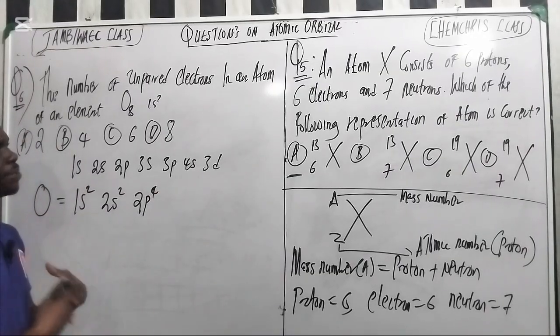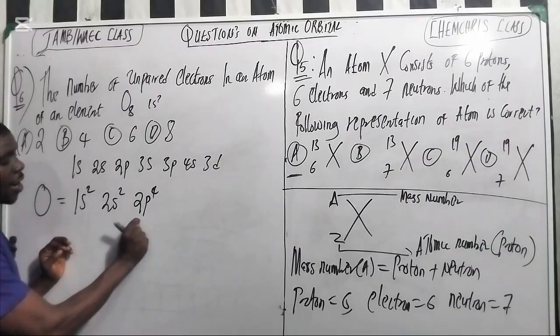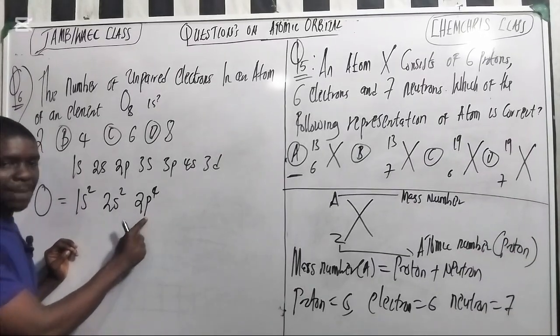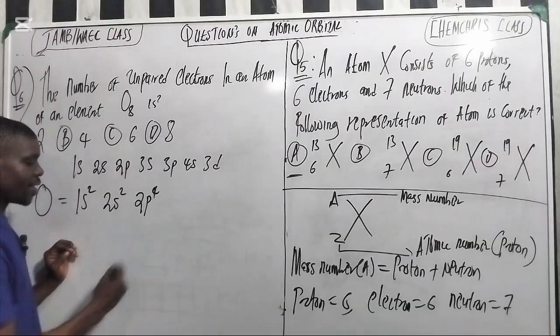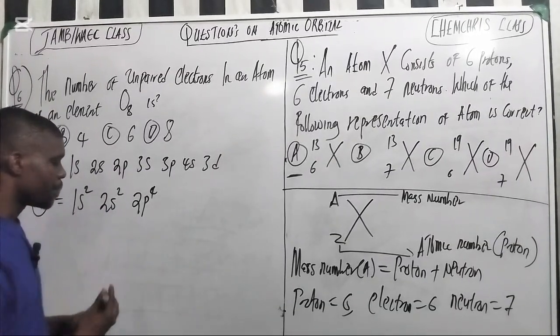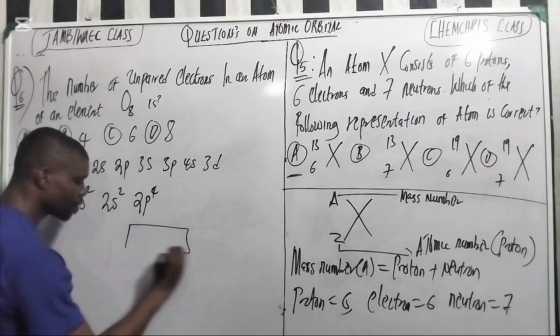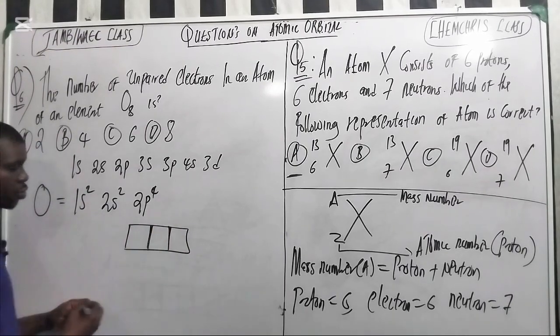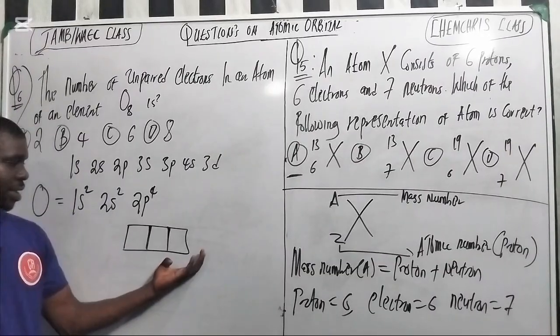Now they are talking about the unpaired electrons. You are going to use the p orbital. Remember, like what I explained earlier in some of the other questions, the p orbital only has three suborbitals.